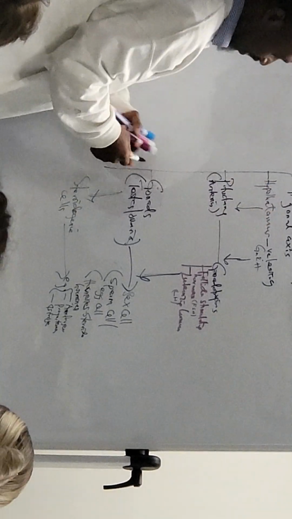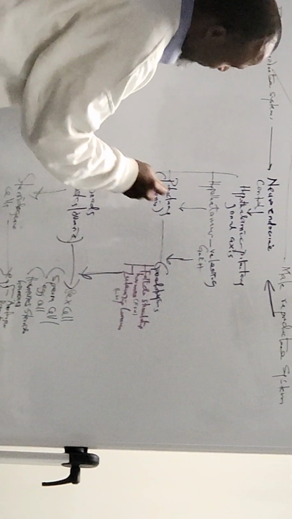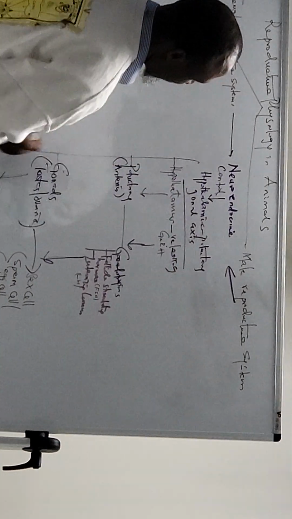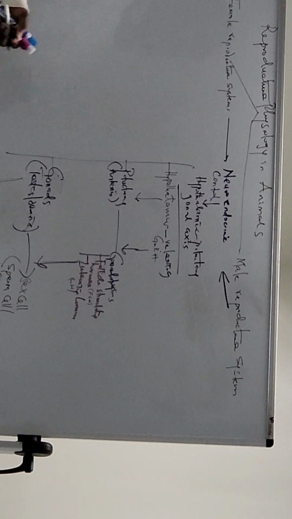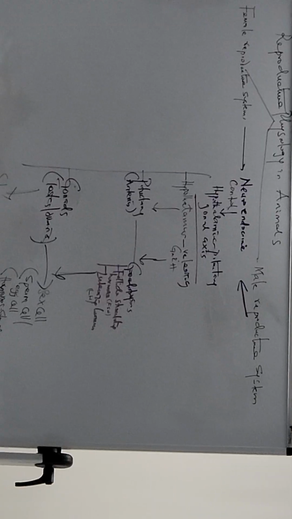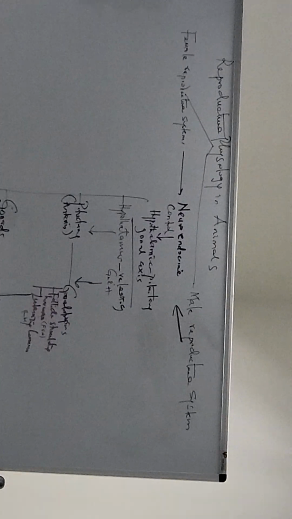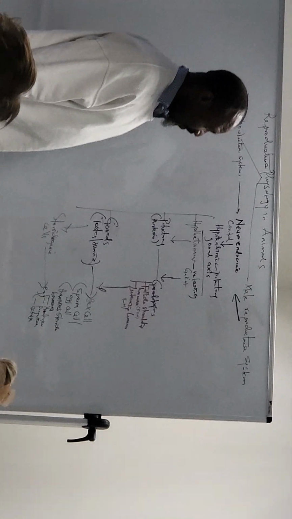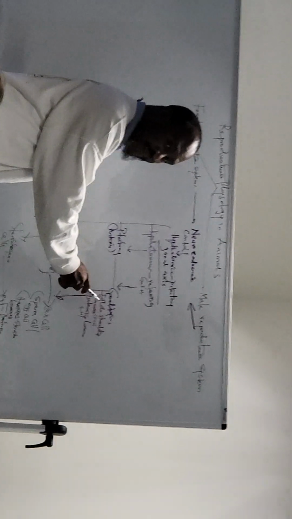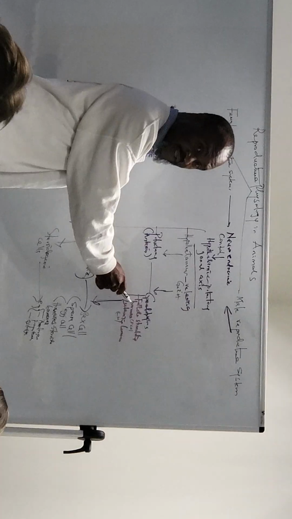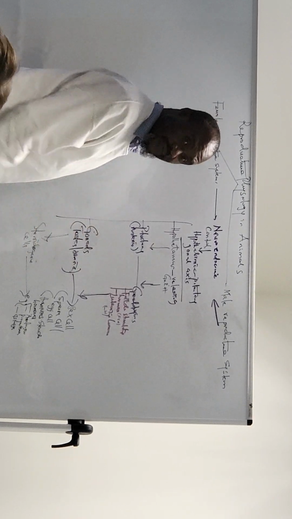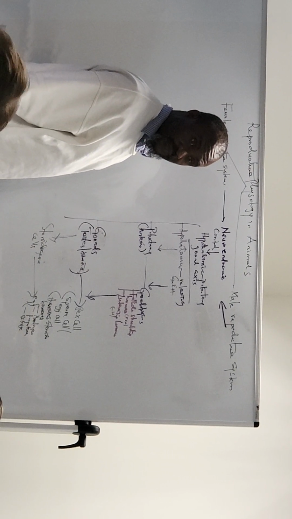It's very important. Without this axis being operational, the male reproductive system and the female reproductive system will not work. Some time ago, one of my students asked me whether males produce FSH as well as LH.